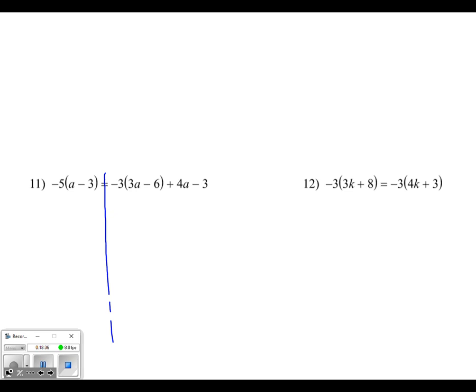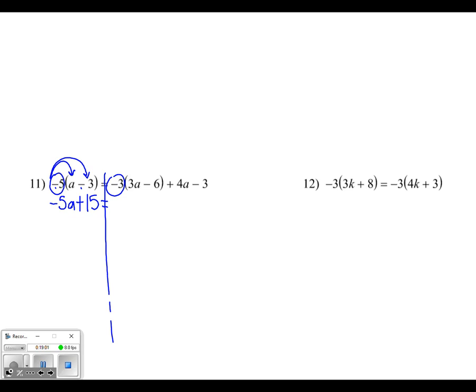Just 2 more equations, and then we're done, and you can go do your practice. So here I'm going to distribute a negative 5. I'm going to distribute a negative 3. So negative 5 times a, negative times positive is negative 5a. Negative 5 times negative 3, negative times negative is, that's right, positive. 5 times 3 is 15.